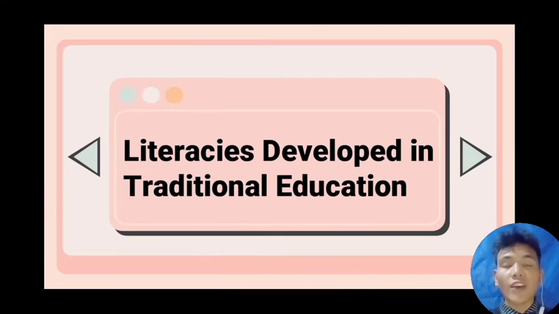Now that we are done with the different learning materials, learning environment, and teaching strategies commonly used in traditional education, let us move on to the next topic, in which we will talk about the literacies developed in traditional education.